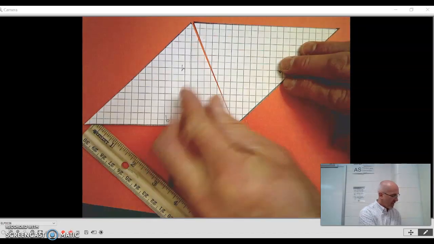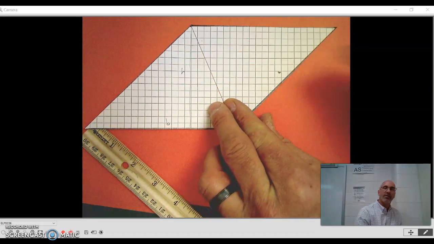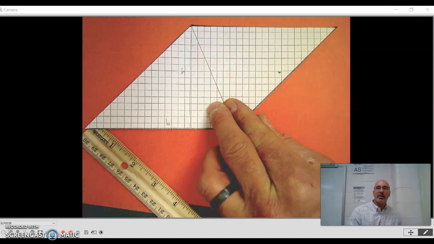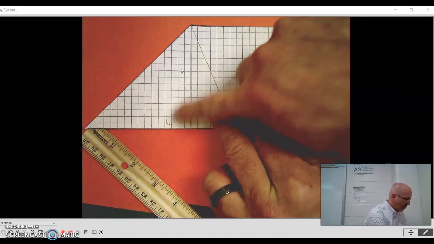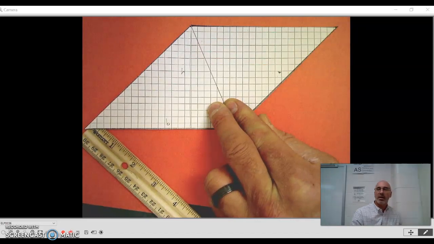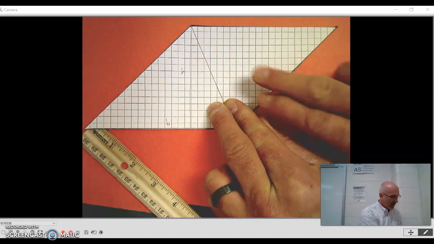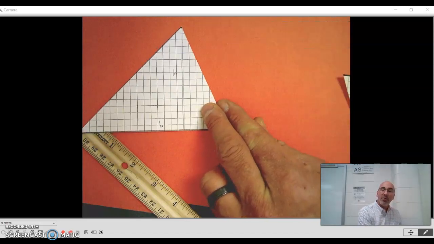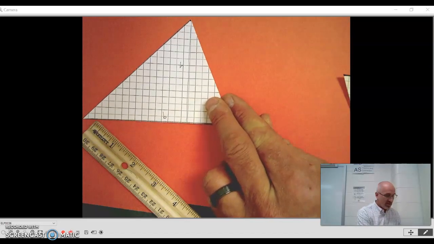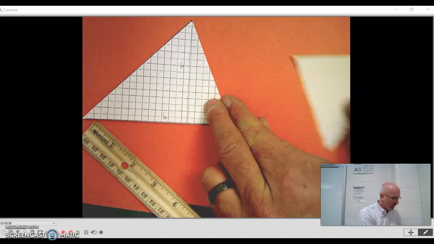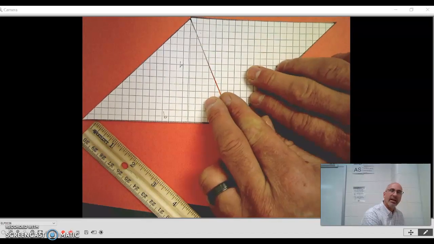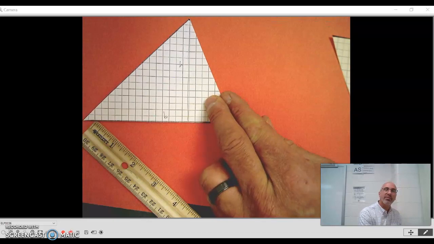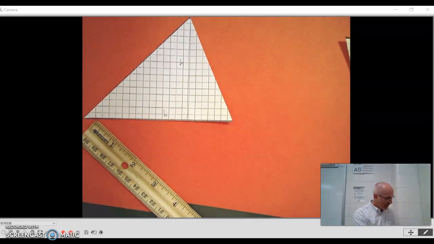Now, if the area of this whole parallelogram is base times height, area equals BH, if I cut it in half, the area of one of these, I wonder what that's going to be. If this is base times height, and I cut it in half, you guessed it.